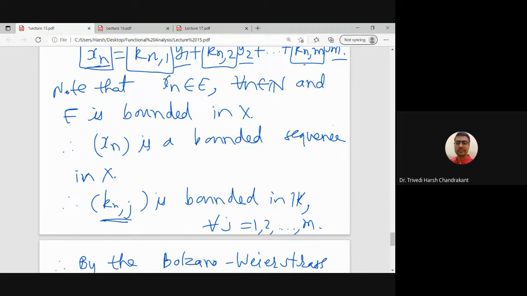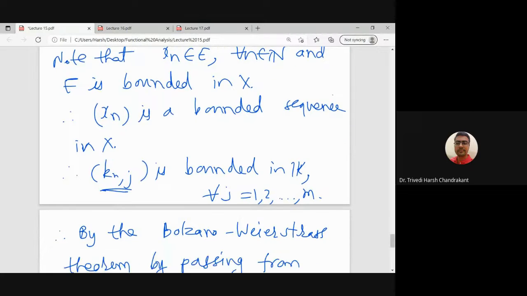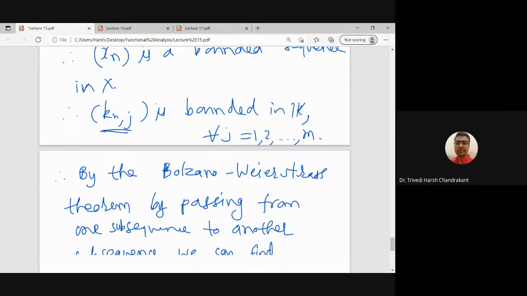And if xn is a convergent sequence in a finite dimensional normed linear space, then each coordinate sequence is convergent. Here we are using the boundedness part of that result: xn is bounded implies kn,j is bounded, and kn,j is a sequence of scalars. For scalars, we can use the Bolzano-Weierstrass theorem.